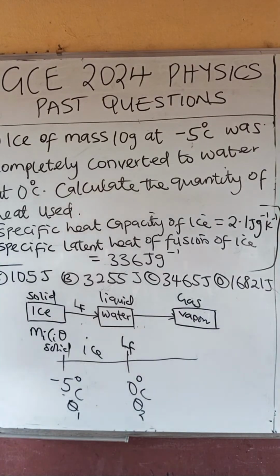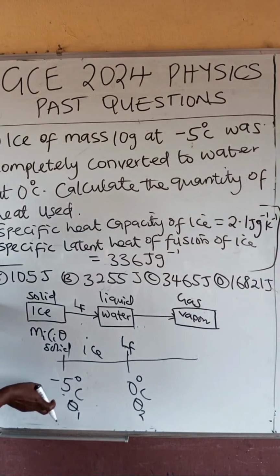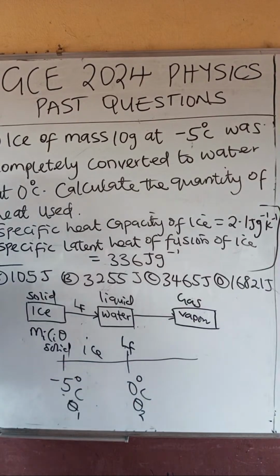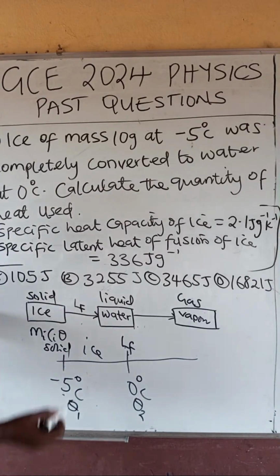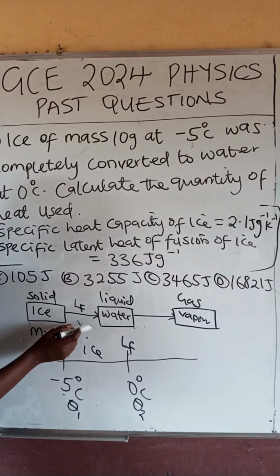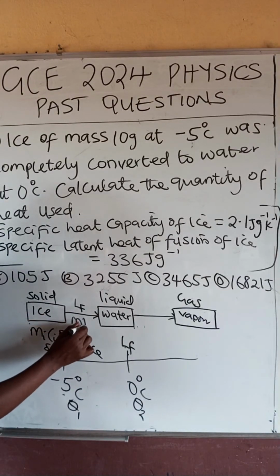So we are asked to calculate the quantity of heat required to move from this ice, which is given as minus 5 degrees Celsius, to what? To water at 0 degrees Celsius. What are we going to calculate? We're going to calculate the quantity of heat here plus the quantity of heat here. The quantity of heat here is ml what?